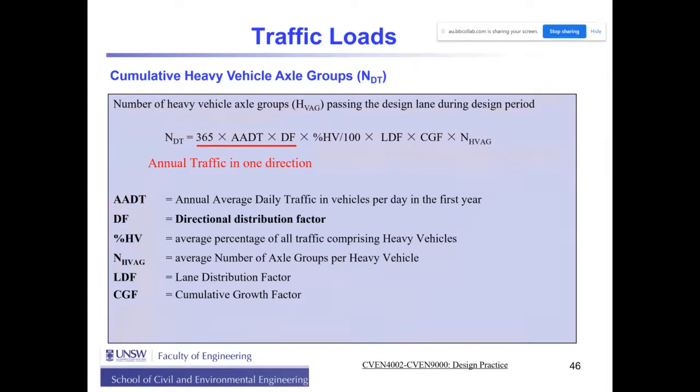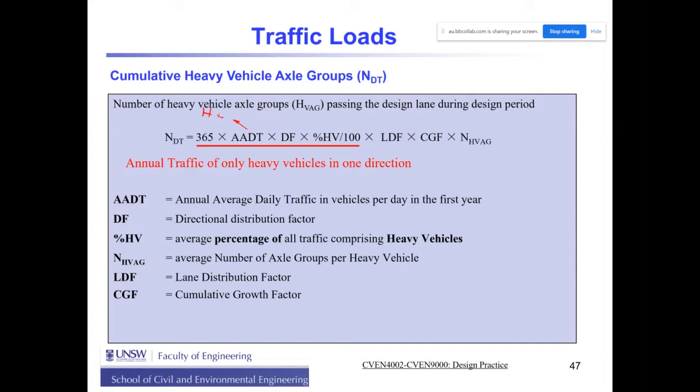If you multiply it by percentage of heavy vehicle, it becomes the annual traffic of heavy vehicles in one direction, because AADT included both heavy vehicles as well as light vehicles. So we need to multiply it by the percentage of heavy vehicles.